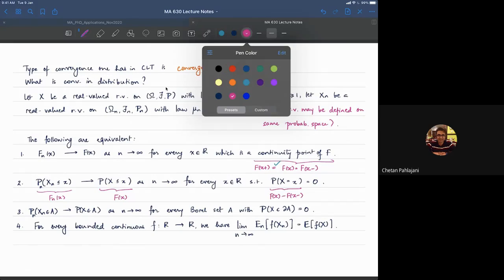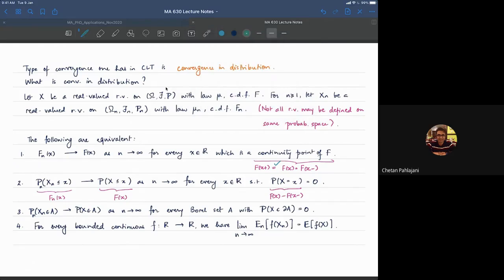Okay, now I just want to mention the following. Let's take a different color here. Let's go with green. So 3 can be written as mu n of A converges to mu A as n goes to infinity, for every A in the Borel sigma algebra on R with mu of the boundary of A being 0.